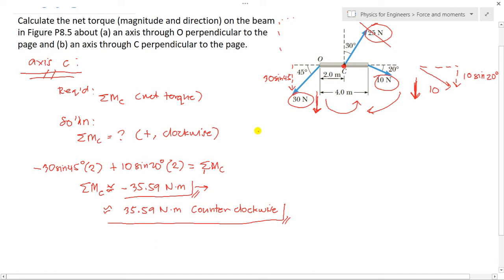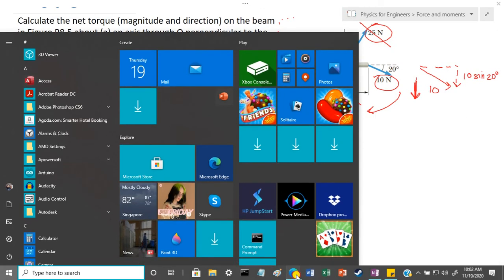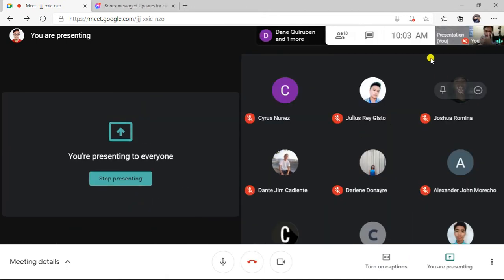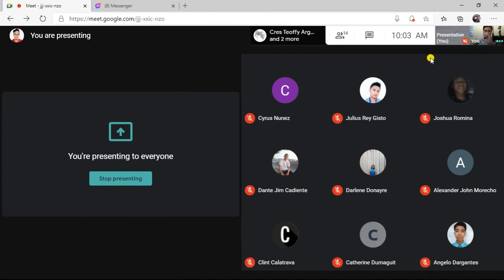Actually, in reality class, gamit ka og right hand rule. Okay, so imong right hand rule, ako i-share akong video. So if maklaro ninyo ang kamot, this is my right hand.